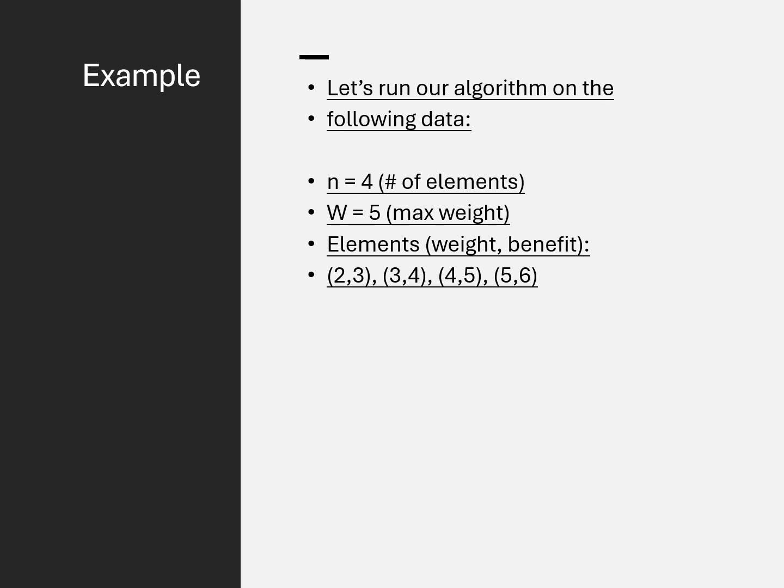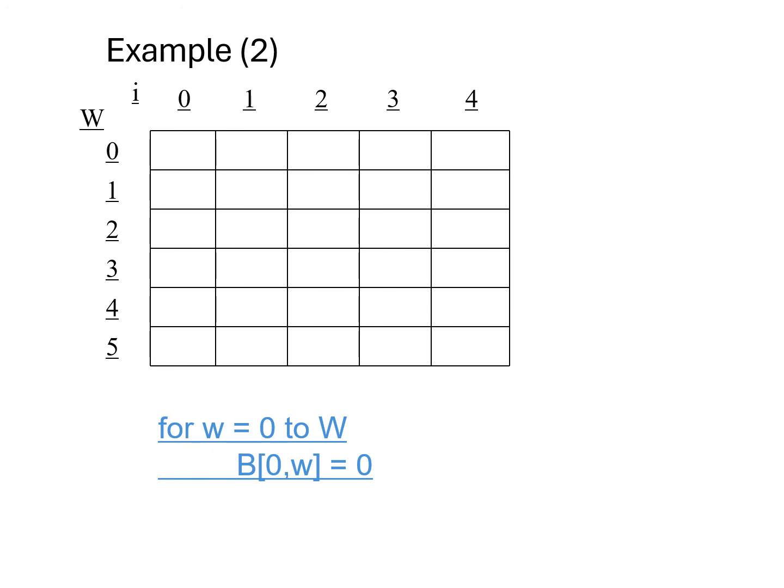So first of all, we draw an n into w matrix, just like this one. And now we are going to fill the column one by one. So this is what we have to do.